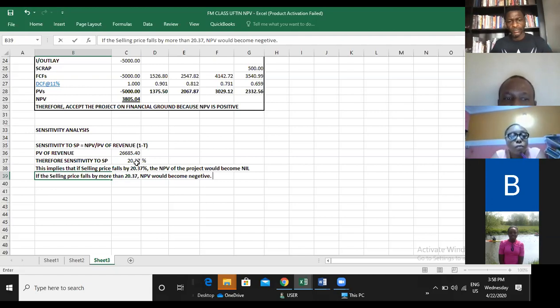If it falls by 15%, NPV will still be positive. But if it falls by 20.37, then NPV will be 0. Any fall in selling price higher than 20.37 will imply that our NPV is negative. Do you get the point? Yeah.